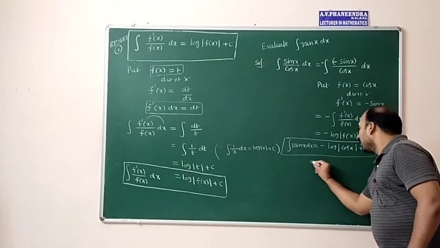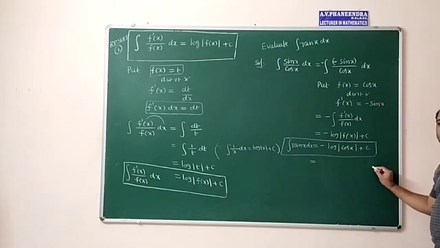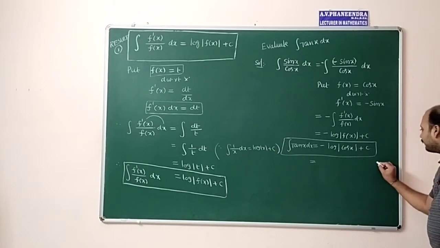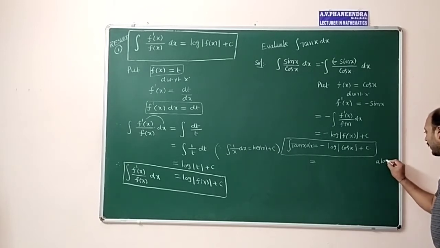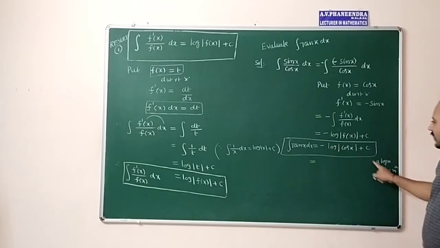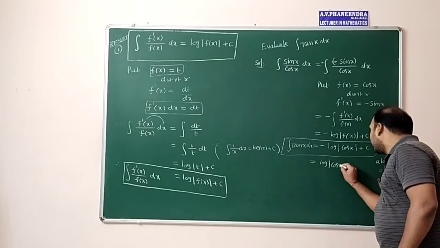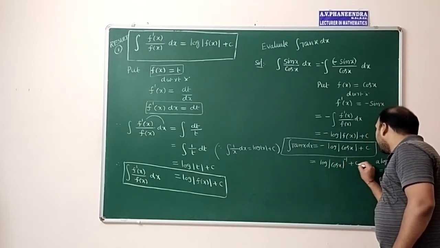Or if you want to remove the minus here, we have to apply logarithm properties. a log m can be written as log m power a. So here minus 1 is a. We can write it as log mod cos x power minus 1 plus c.